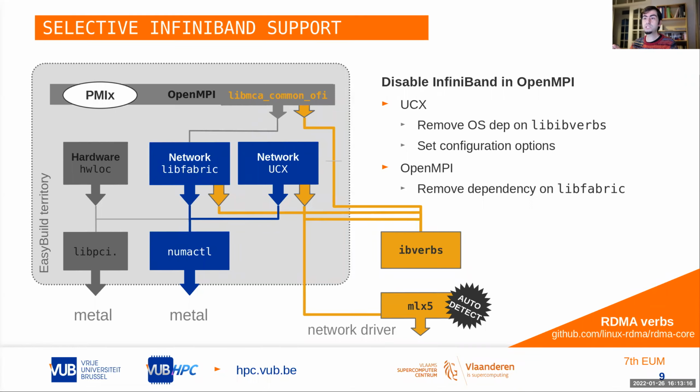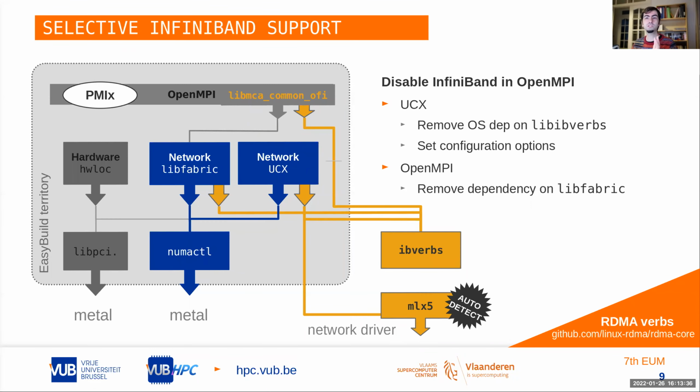And we will do this only on those groups of nodes that do not have InfiniBand, because that's the goal. On those nodes with InfiniBand in our cluster, the default configuration of OpenMPI, libfabric, and UCX provided by EasyBuild works out of the box, so that's not an issue.